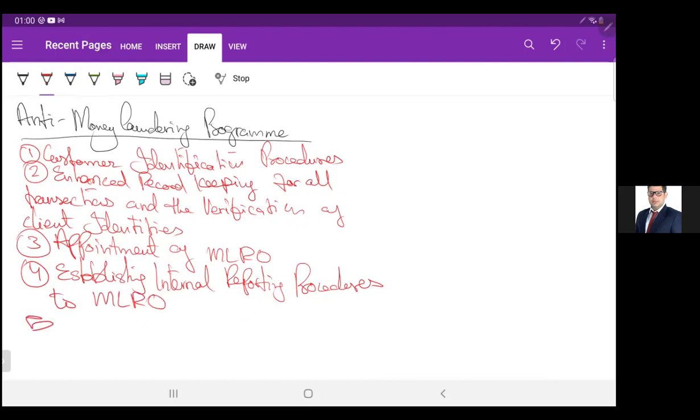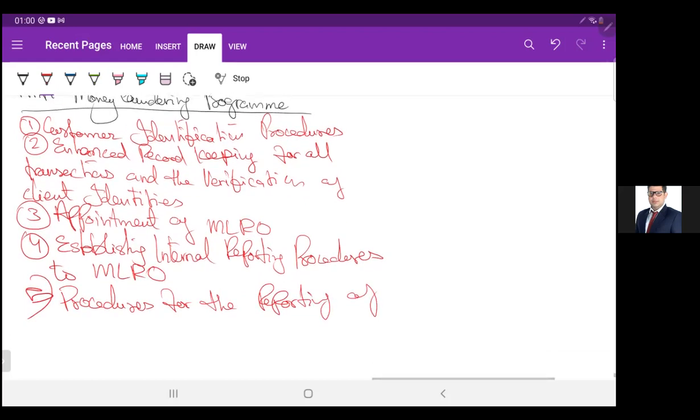Number 5, procedures for the reporting of suspicious transactions.